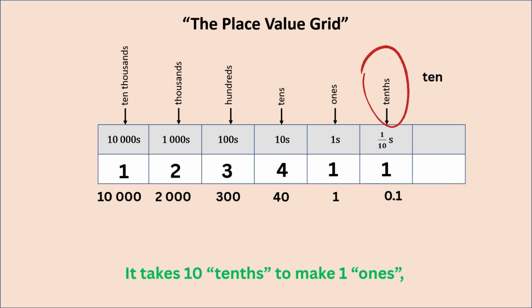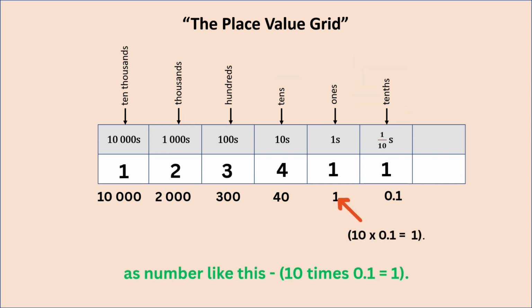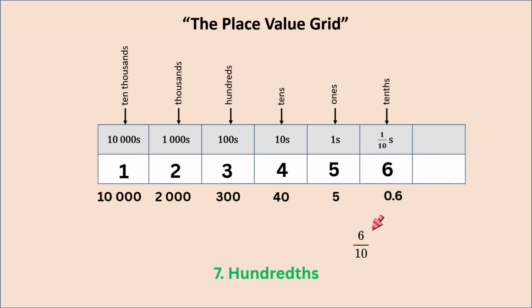It takes 10 tenths to make 1 one. As a number sentence, 10 times 0.1 equals 1. For example, in the decimal number 0.6, 0.6 means 6 tenths, or 6 divided by 10.